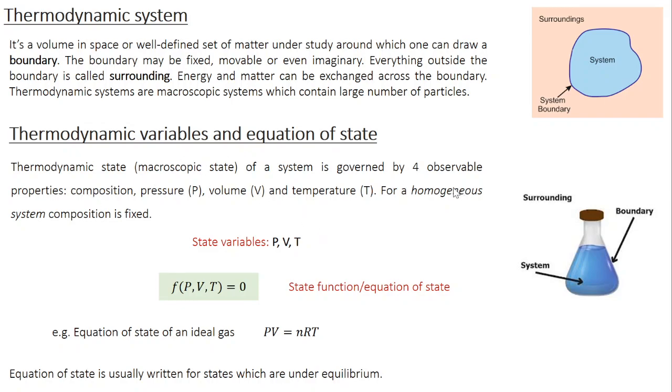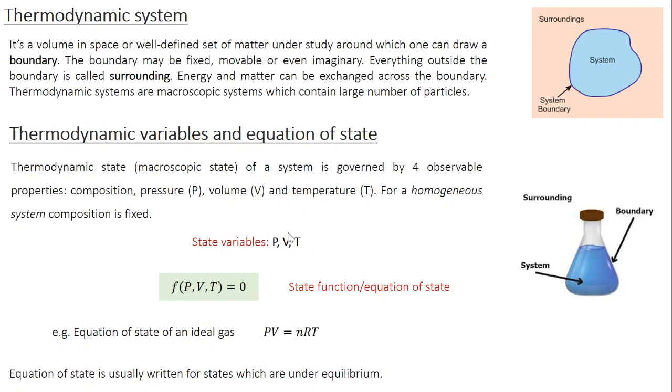In thermodynamics, usually we talk about homogeneous systems. For example, when I say I have 1 mole of oxygen molecules, each individual oxygen atom or molecule is identical, right? So this is a homogeneous system where the composition is fixed. So I don't have to bother about composition. So when I say state variables, I mean pressure, volume, and temperature.